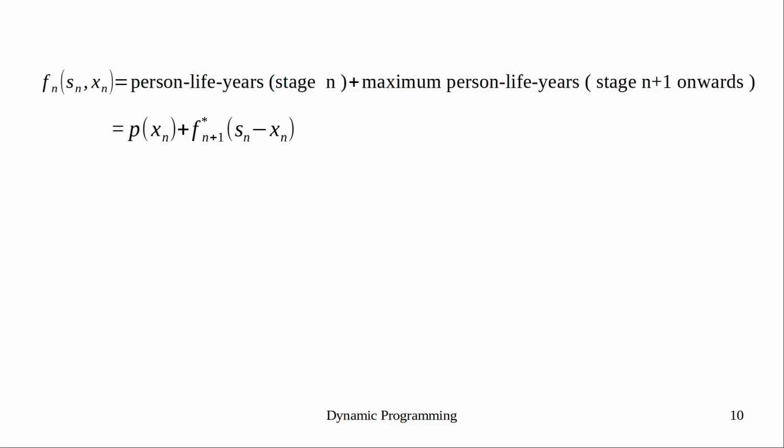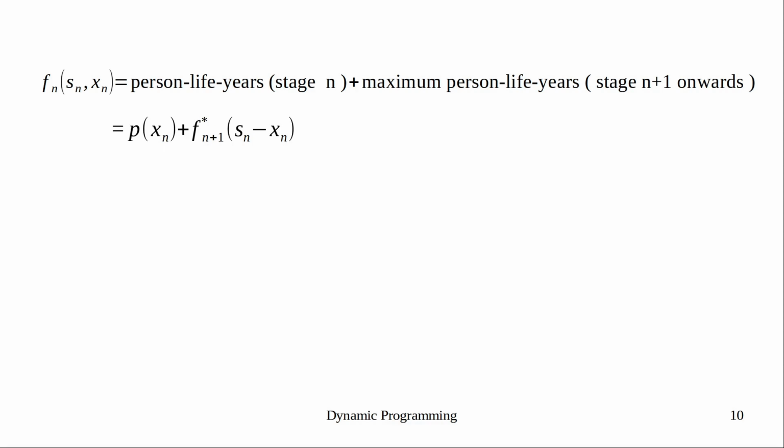Let us say you are at country number 2 and you are at stage S2. Then Xn is going to be either 0, which means 0 teams have been allocated to country number 2, or if it is 1, then 1 team has been allocated to country number 2.